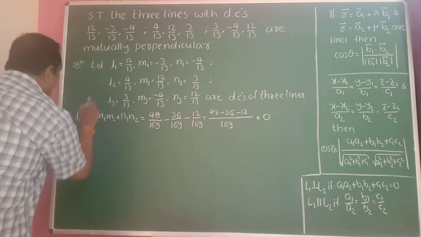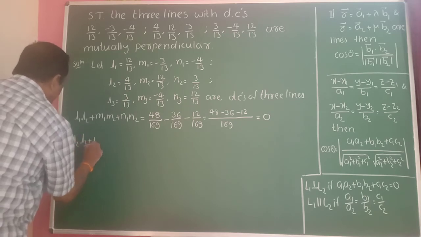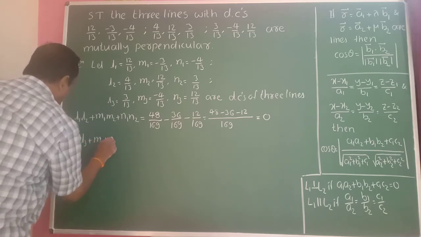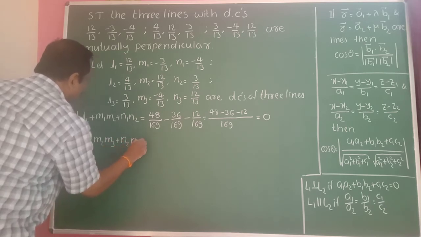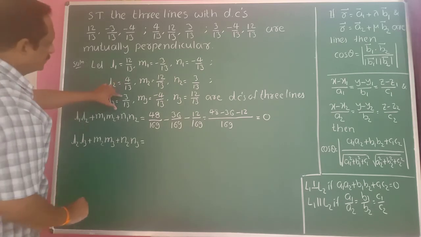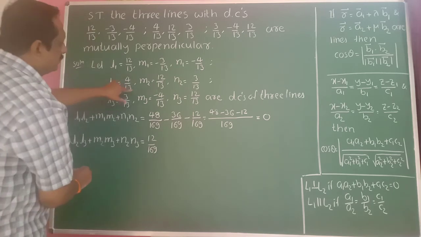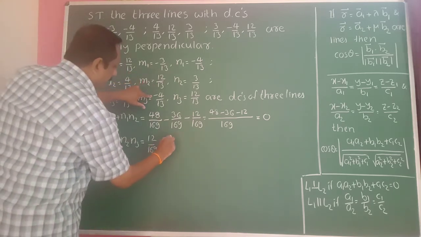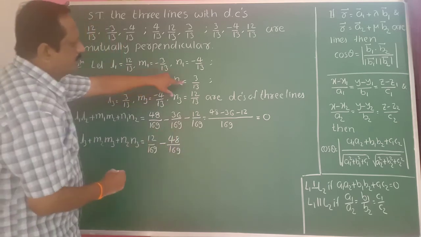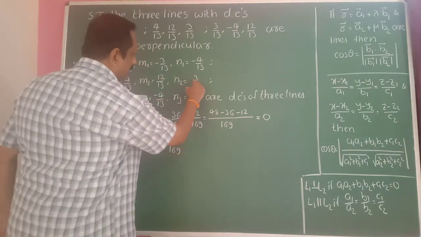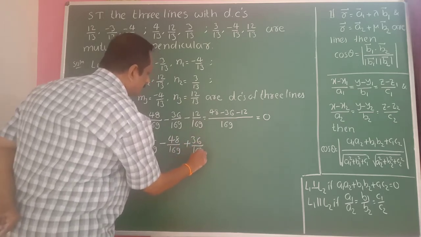Similarly, l2 l3 plus m2 m3 plus n2 n3 is equal to 4 threes are 12, 12 divided by 169, minus 12 fours are 48 divided by 169, plus 3 fours are 12, 12 threes are 36 divided by 169.